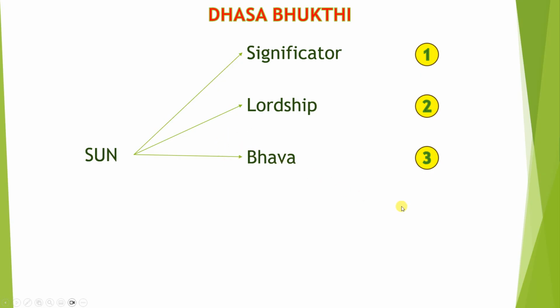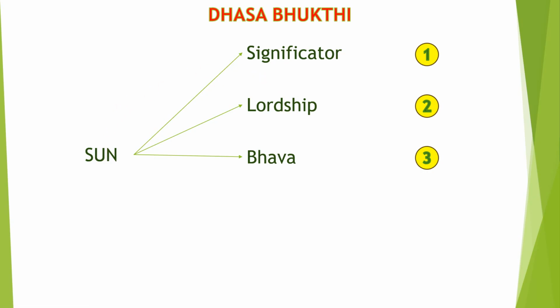For example, we can consider that the Sun has the lordship of the fifth house for the Aries Lagna.